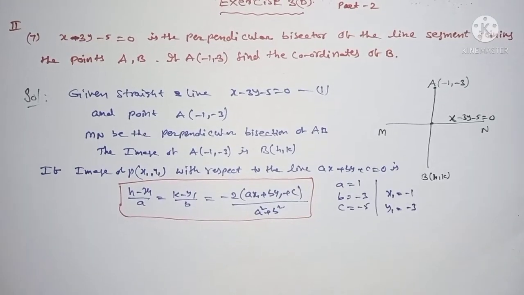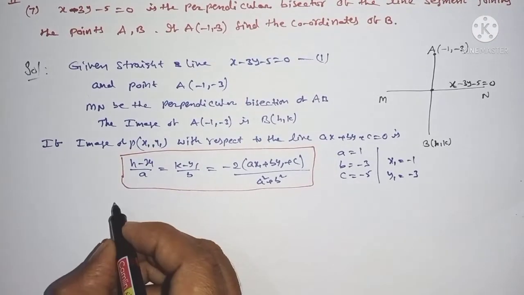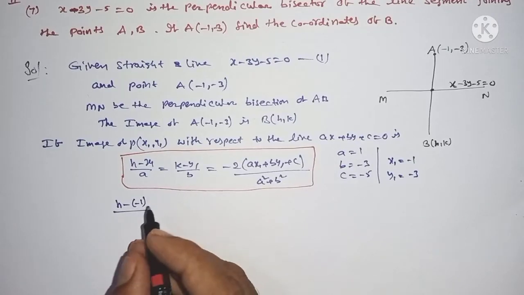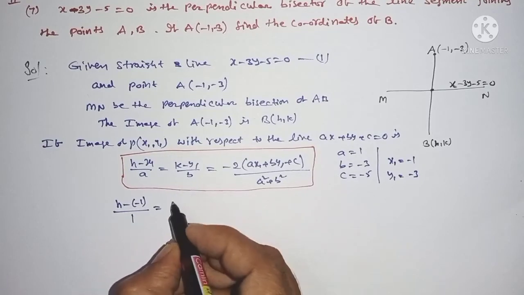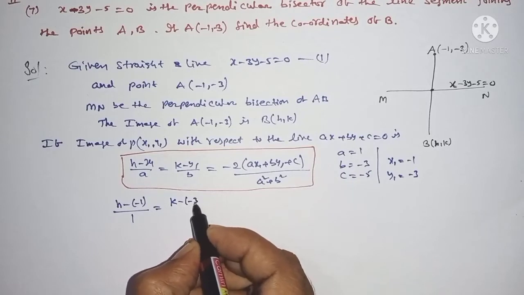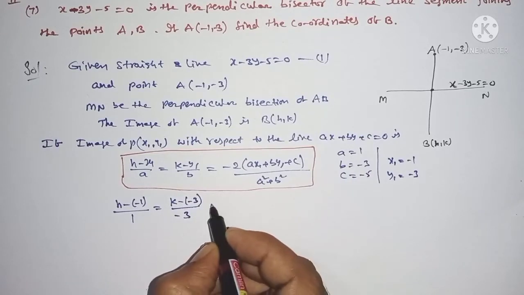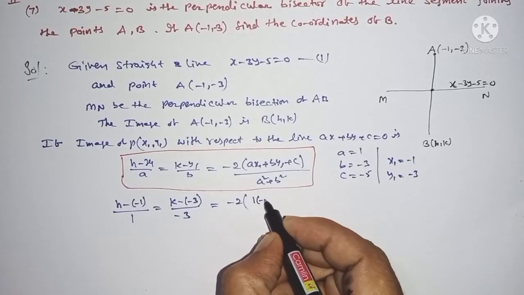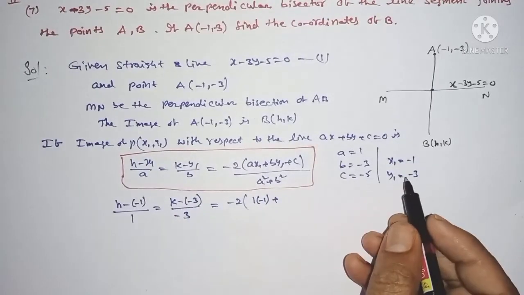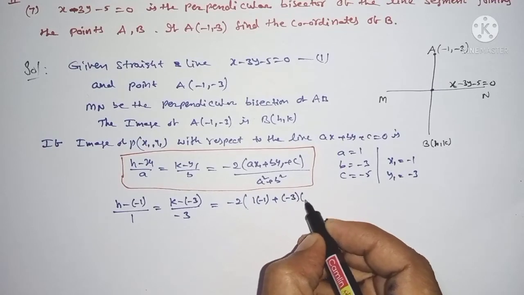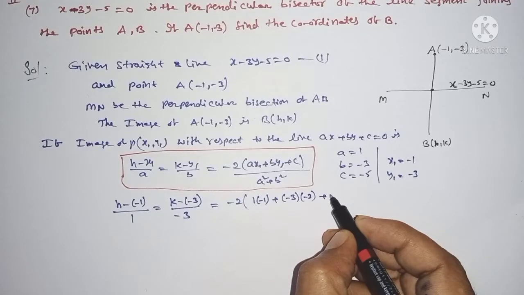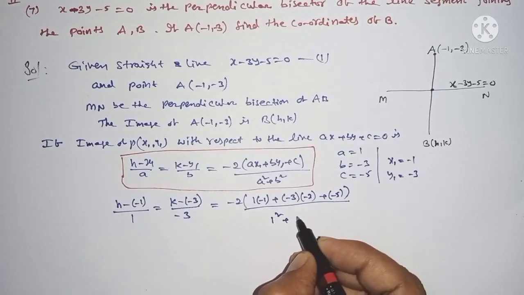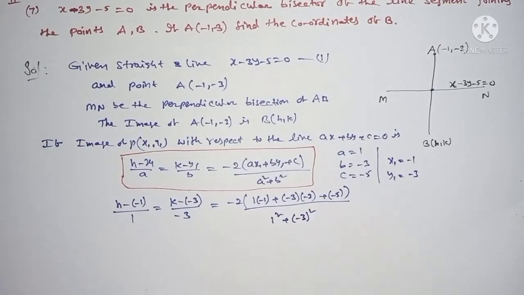Applying the formula: (h minus x1) divided by a, which is 1, equals (k minus y1) by b, that is (k minus of minus 3) by minus 3, equals minus 2 of (1 times minus 1 plus minus 3 times minus 3 plus minus 5) divided by (1 square plus minus 3 whole square).